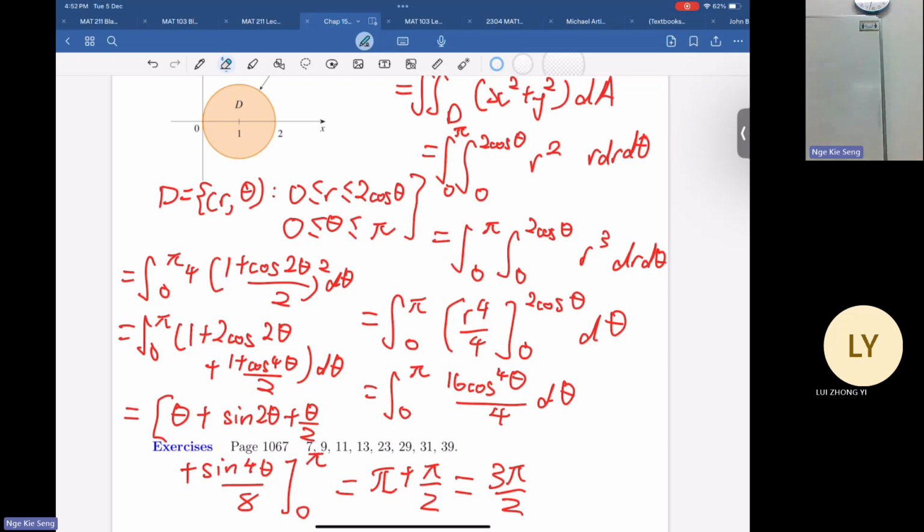General polar region here. It's similar to the XY situation, right? Where you bound your theta and then your radius changes depending on the theta.